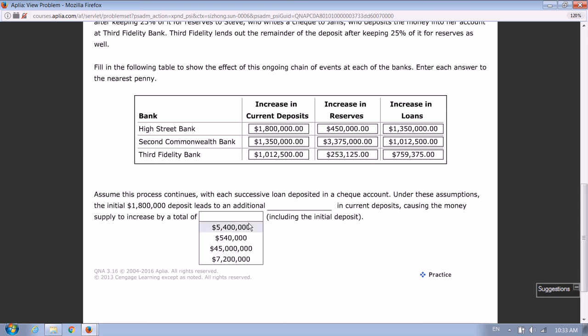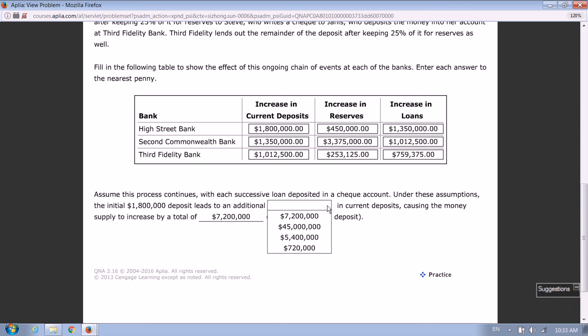So altogether, the money supply in the economy is 7.2 million: 1.8 divided by 0.25. And 7.2 minus 1.8 is 5.4.